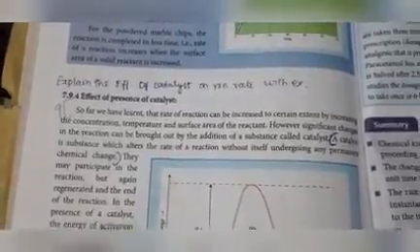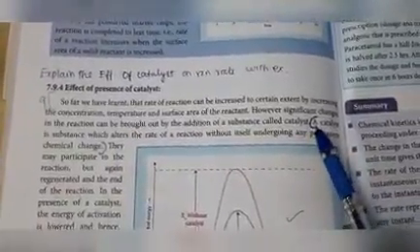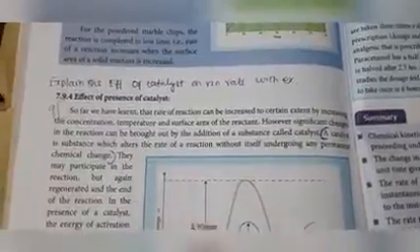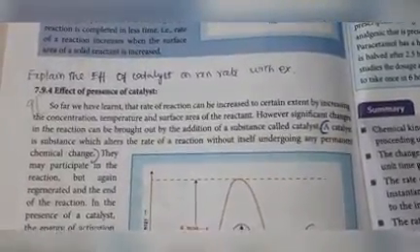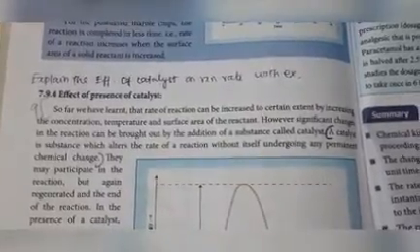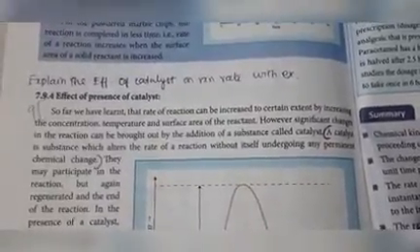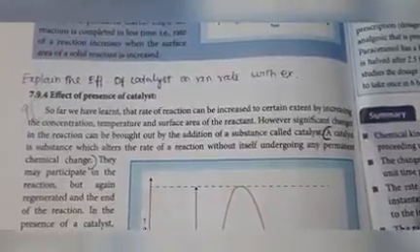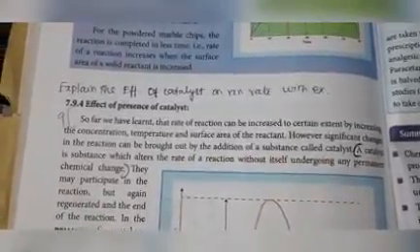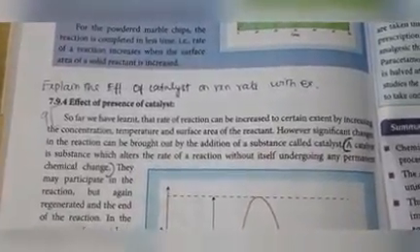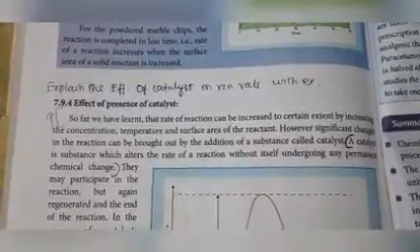What is a catalyst? The definition is given here. If they ask you to define a catalyst, you have to write these 3 lines. A catalyst is a substance which alters, that means changes, the rate of the reaction.